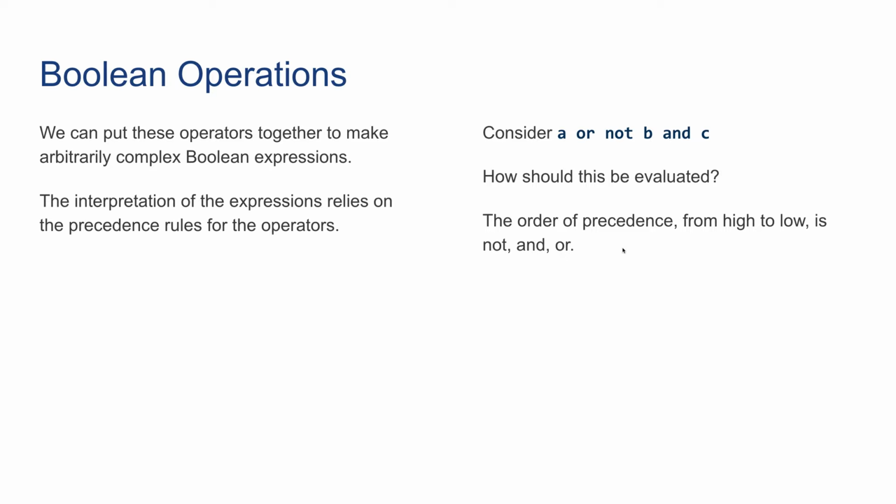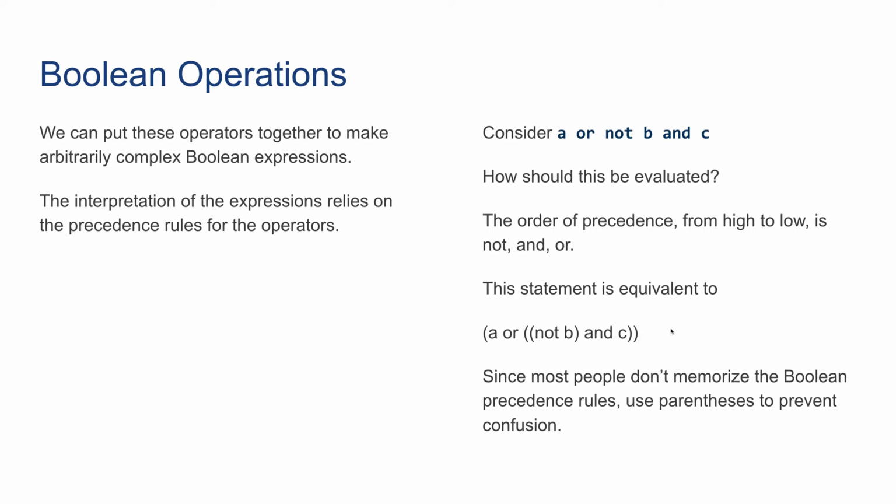Of course, the parentheses always have the highest precedence. So this statement is equivalent to A or ((not B) and C). First we're going to evaluate not B, then not B and C, then A or the result of this sub-expression. Since most people don't memorize the Boolean precedence rules, my suggestion is that we use parentheses to prevent confusion.